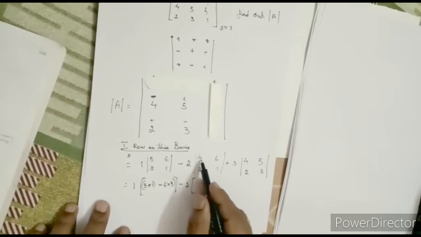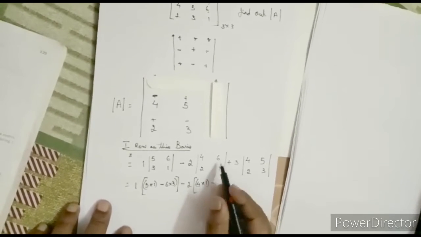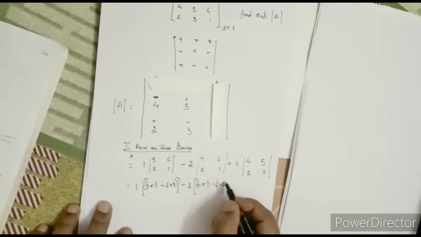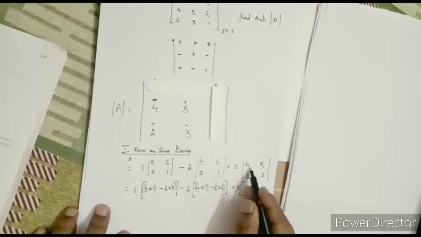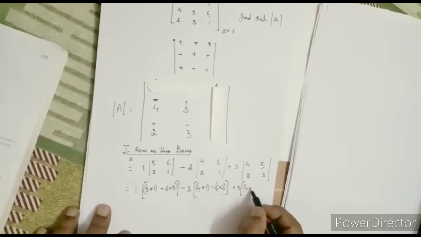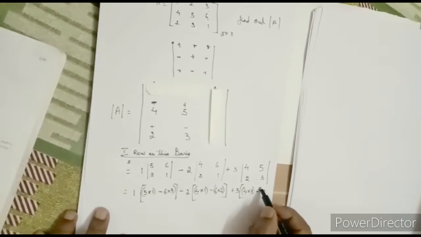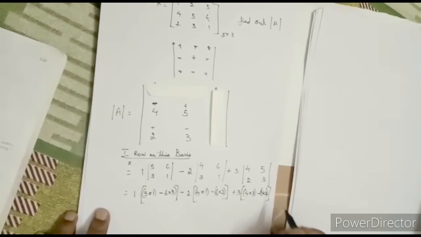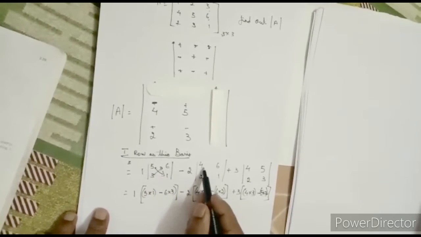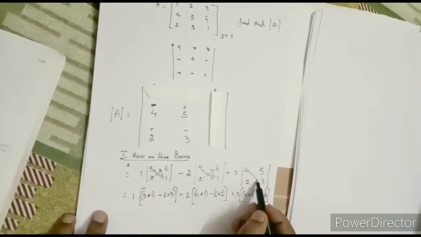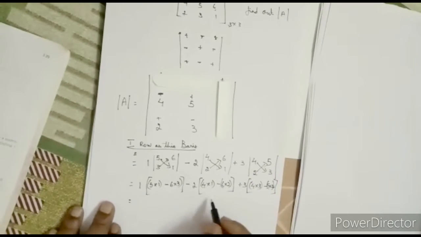Once again cross multiplication, 4 into 1 minus 6 into 2. Then once again plus 3. Once again cross multiplication, 4 into 3 minus 5 into 2. See, very simple. I have just done the cross multiplications. That's it. So now let us simplify this.